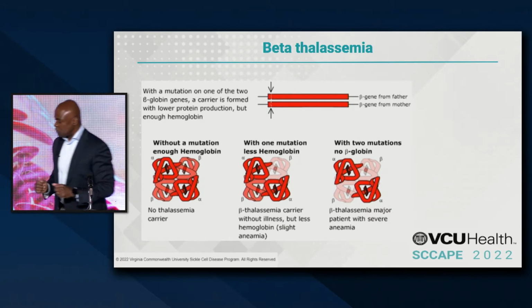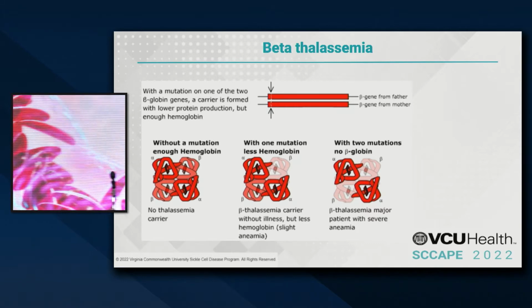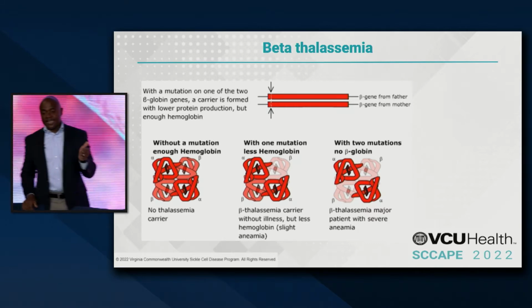So, to go back to these chains, one thing to understand about it, there are many, many different kinds of genetic mutations that can result in beta thalassemia. And they have varying degrees of impact on the hemoglobin, on these chains.